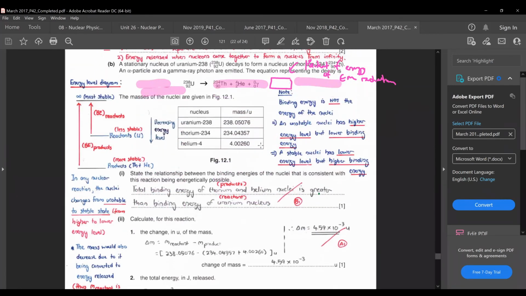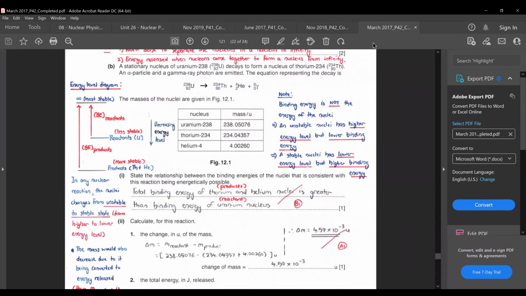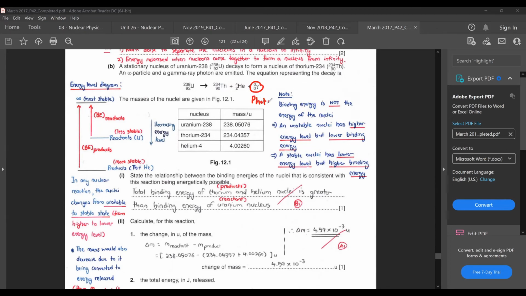So you look at your current equation. This one is your gamma ray photon. You know it is a packet of energy, an energy in itself. The question is basically asking, if you go from reactants to products, you have energy release. Say, for the sake of discussion, I tell you that you have 1,000 MeV.